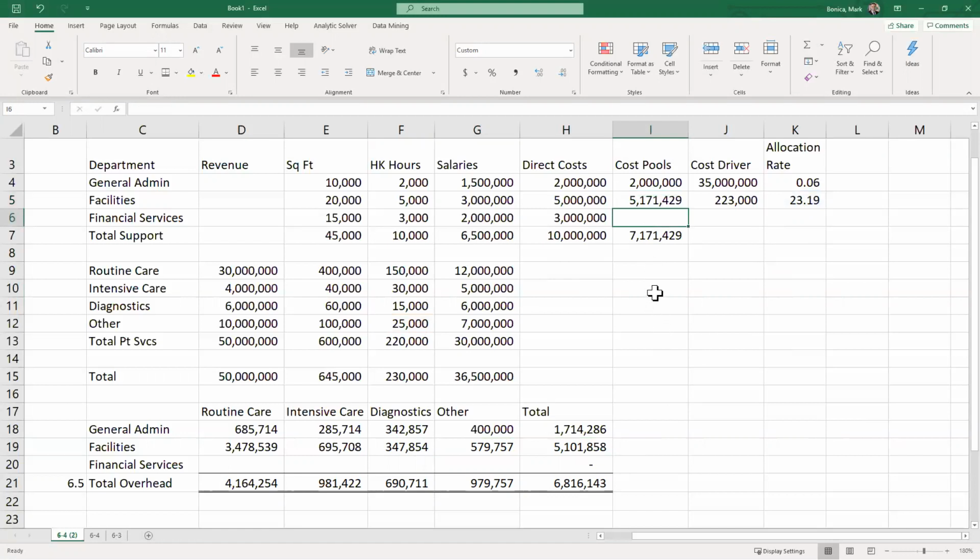facilities costs to financial services. So let's calculate the cost pool for financial services now. The cost pool for financial services is going to be equal to 3 million in direct costs plus 6 cents per dollar of salaries plus $23.19 per hour of housekeeping.